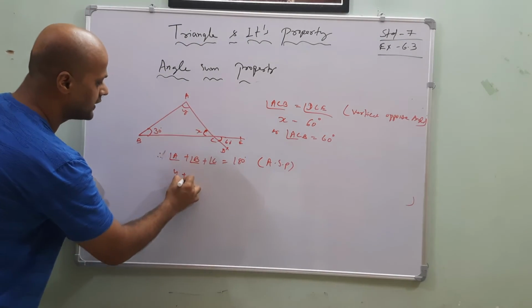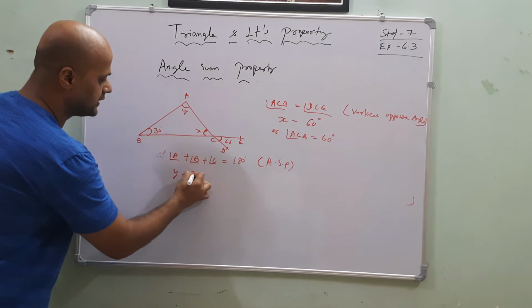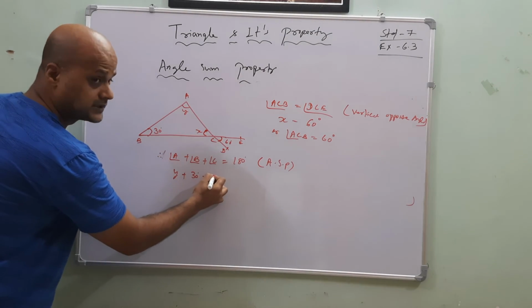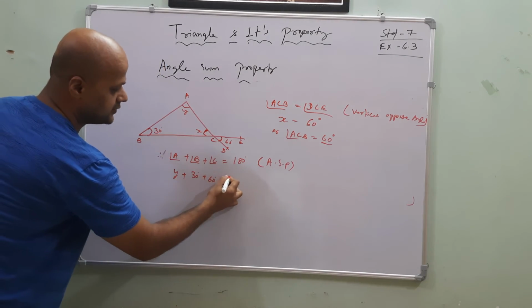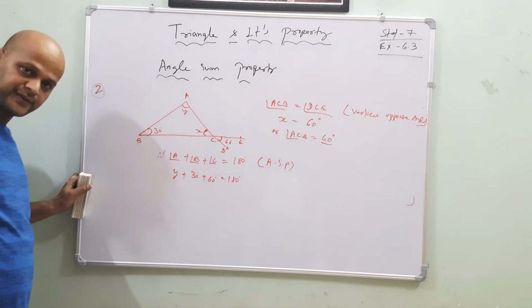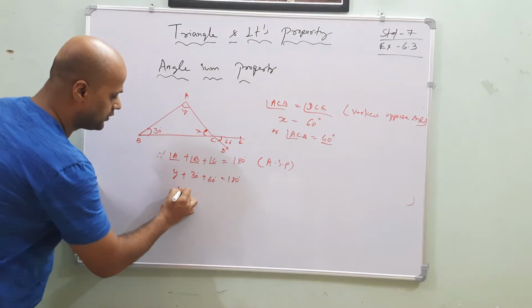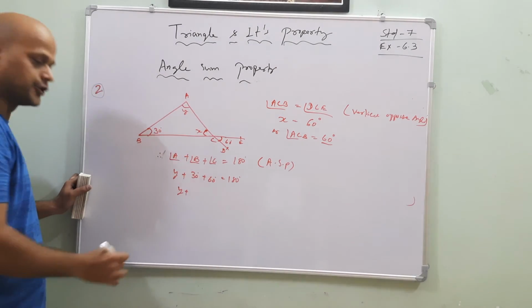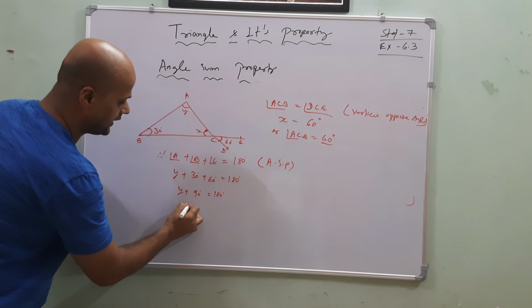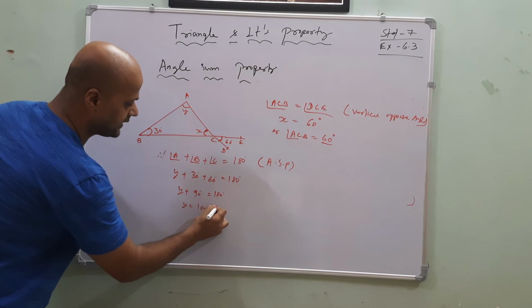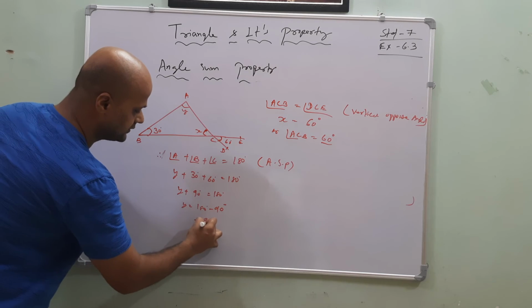Angle A is not given, write Y. Angle B is 30 degree. Angle C is how much? 60 degree is equal to 180 degree. Understood, my dear friends? Okay. Now solve it. Good. 90, 180 degree. Y is equal to 180 degree minus 90 degree is equal to 90.